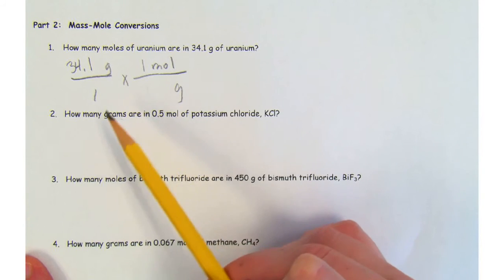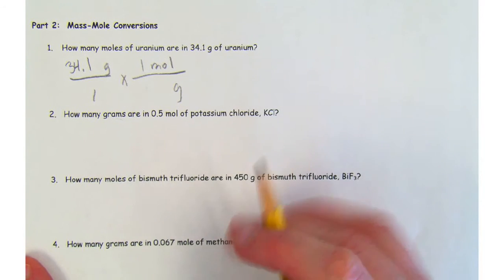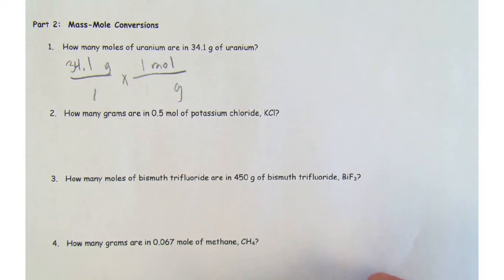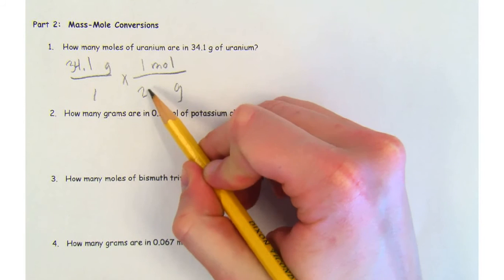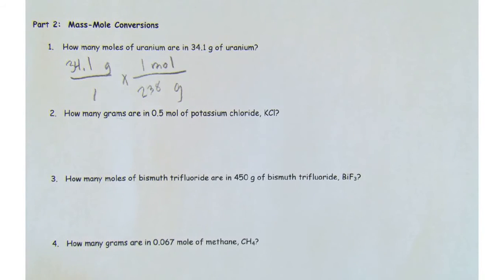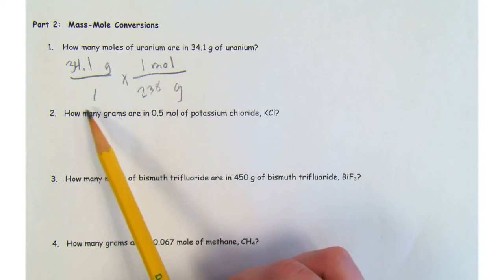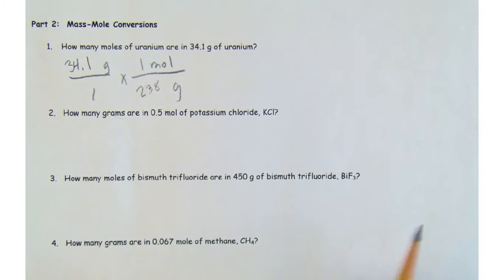Right here, you'll look up the molar mass for uranium. You need to get out your periodic table and look that up. I'm just guessing here, maybe it's about 238. So you want to look that up and fill that in. You'll multiply straight across, top and bottom, to get your answer.